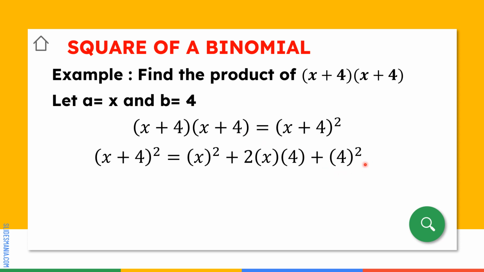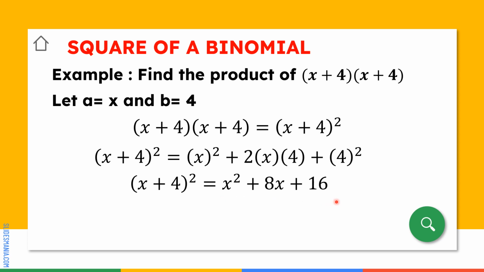So after writing everything, we will now simplify the terms. x squared is equal to x squared, and then plus 2 times x times 4, that is 8x, plus 4 squared is 16. After simplifying everything, the final answer is x squared plus 8x plus 16.